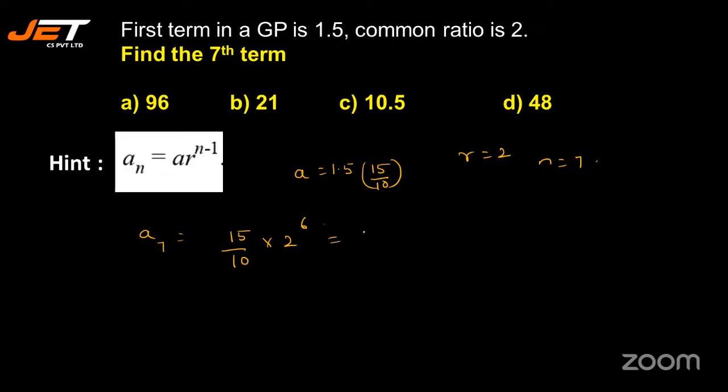Now this implies 15 by 10 into what is 2 to the power 6? 2 twos are 4, 4 twos are 8, 8 twos are 16, 16 twos are 32, 32 into 2 is 64, right? So 15 into 64 by 10.